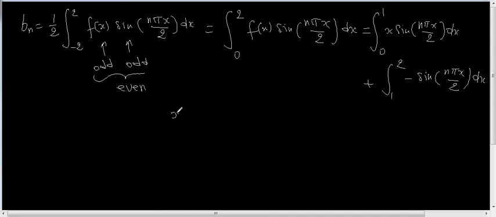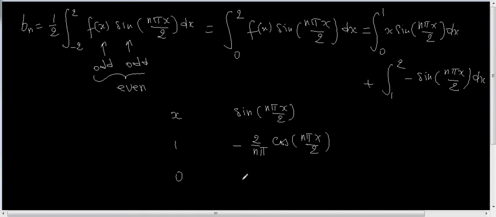Just to remind, we have the polynomial here, x, that we need to differentiate until we obtain 0. And for sine n pi x over 2, we need to integrate. The first time will be minus 1 over n pi over 2, that means 2 over n pi, cosine n pi x over 2.